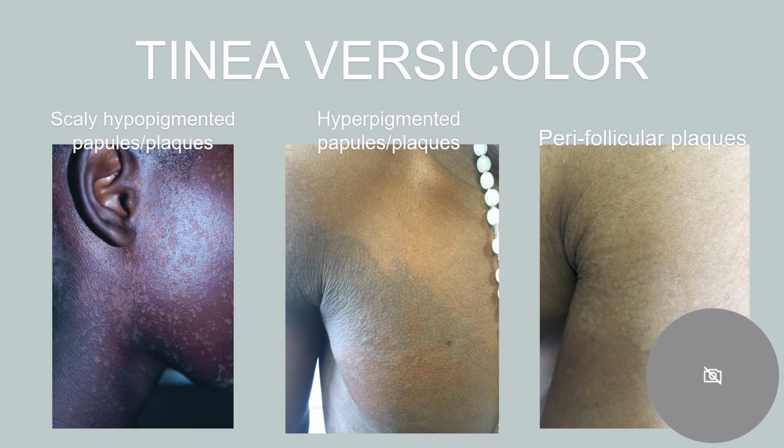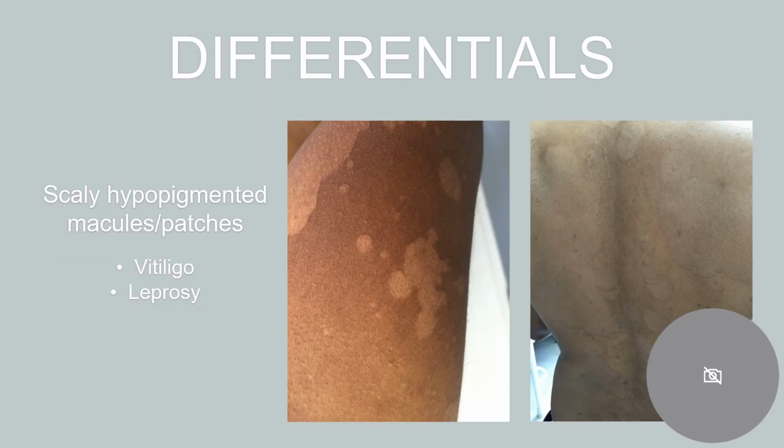It can be visualized as these scaly, hyperpigmented papules and plaques, often occurring on the face, neck, back, and chest. You can see them very nicely in these pictures. We can also find sometimes some perifollicular plaques, as you can visualize on the last picture.